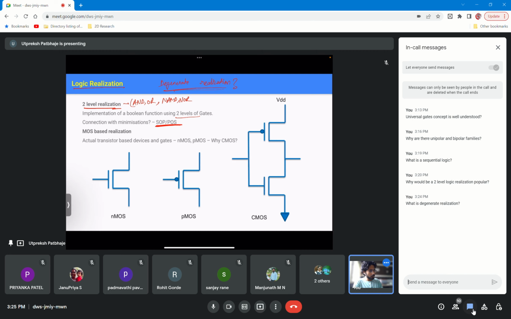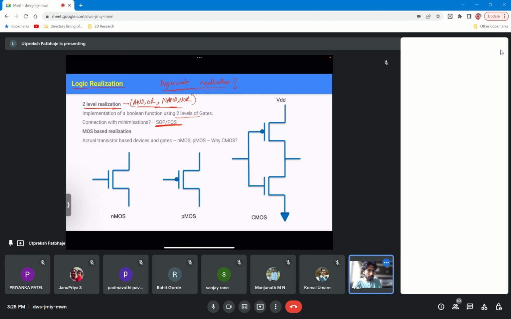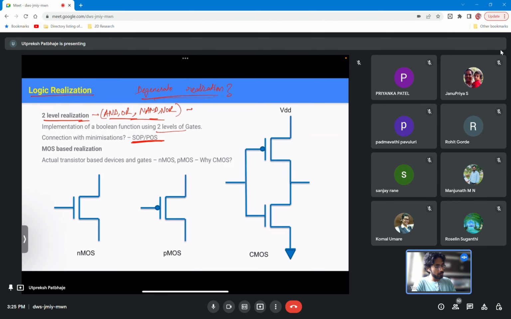So for two-level realization, these four gates are enough, and even if you use other XOR and XNOR gates, that will again add on to this. But just starting with these four gates, you will be having a two-level logic combination of 2 to the power 4, that is 16 kinds of two-level realizations, right?